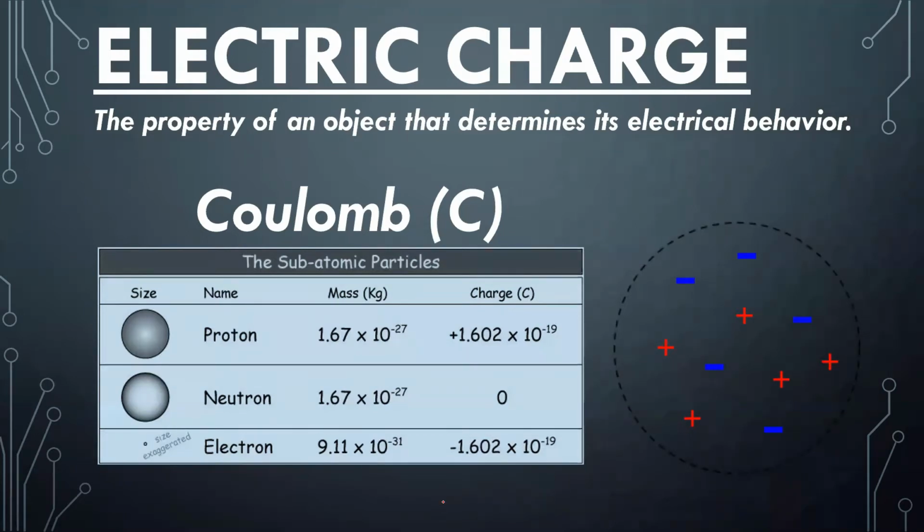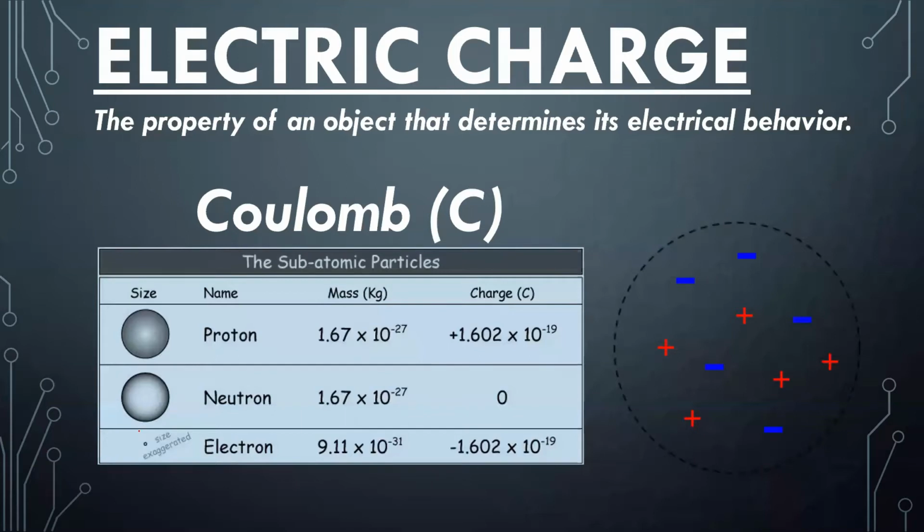And since electron carries a negative charge, the charge of electron is negative 1.602.